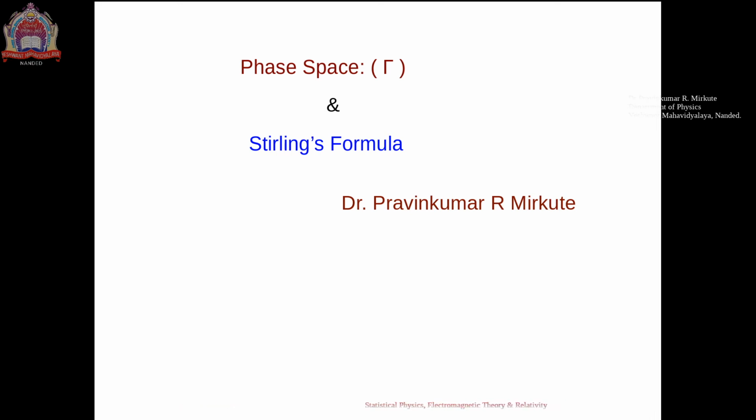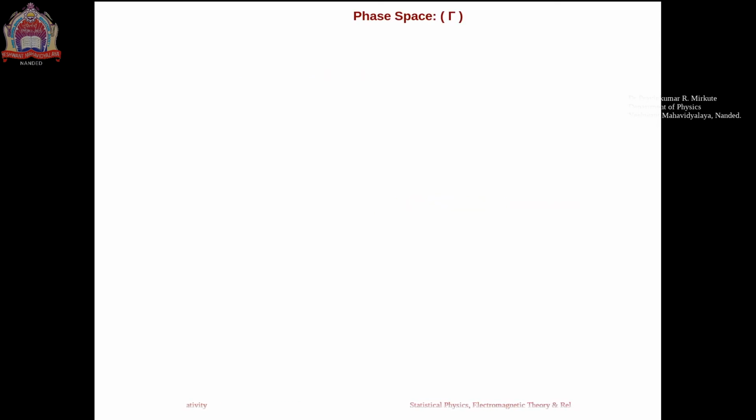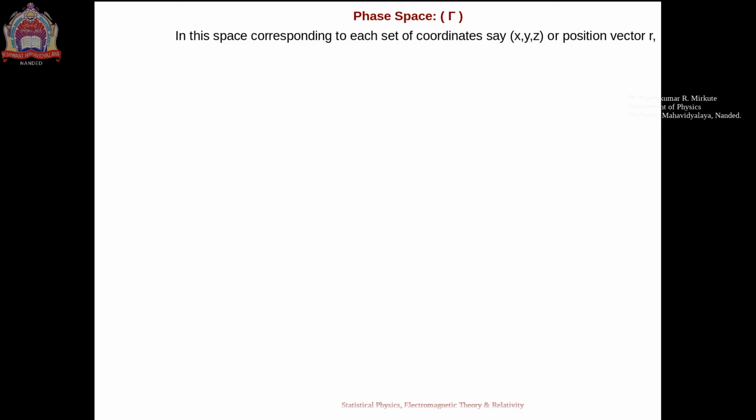This six-dimensional space for a single particle is termed the phase space and is particularly referred to as mu space.